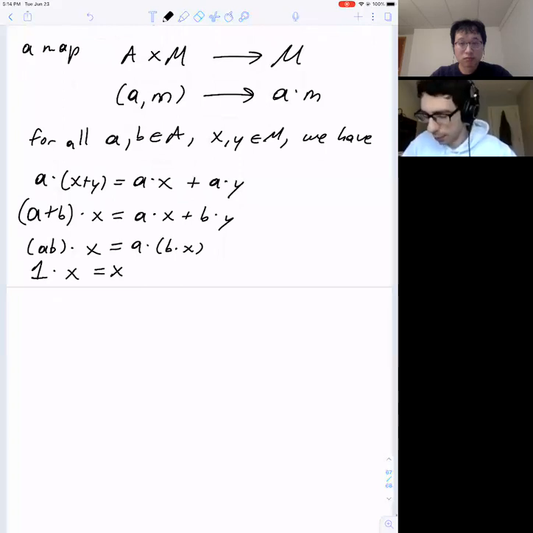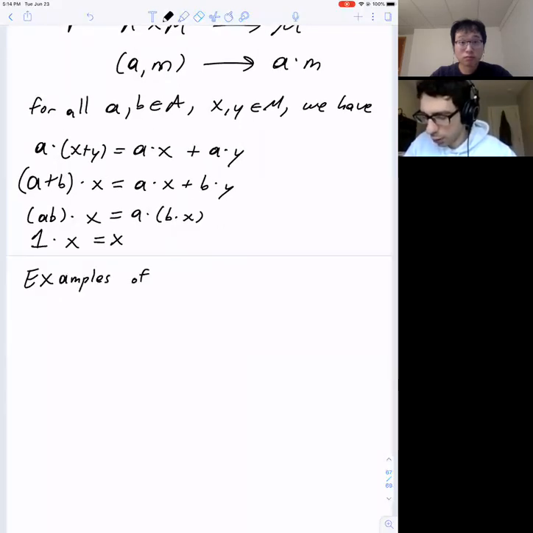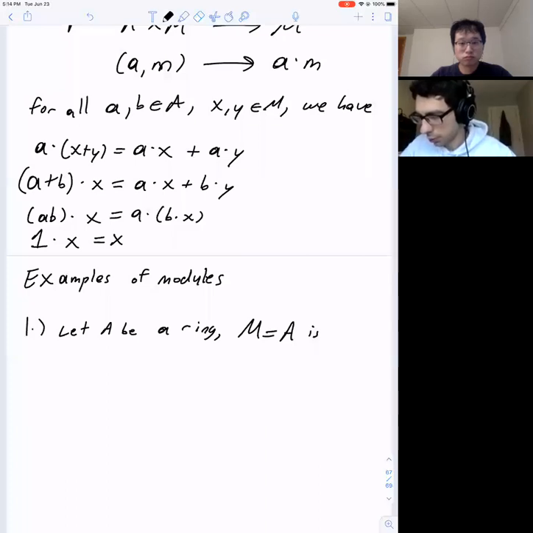So examples of modules: I didn't write many examples, but the natural example is let A be a ring. Then of course A is a module. It is an A module.